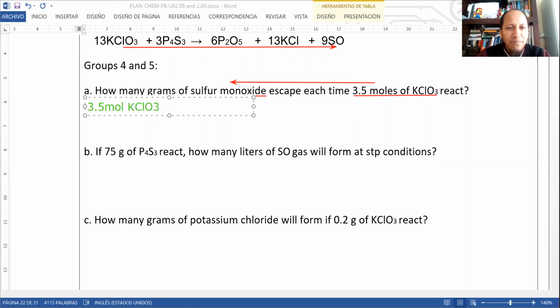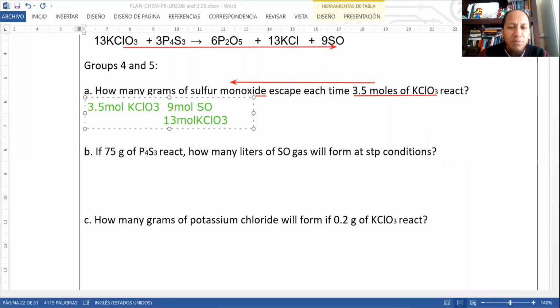And then let's write the relationship in the reaction from the arrow to the arrow. It says 13 moles of KClO3 to 9 moles of SO. That's what my chemical reaction says.